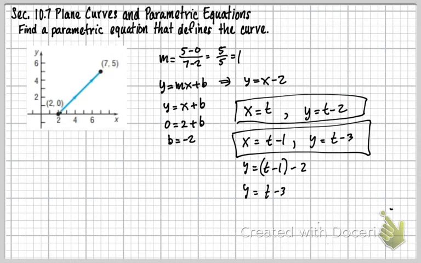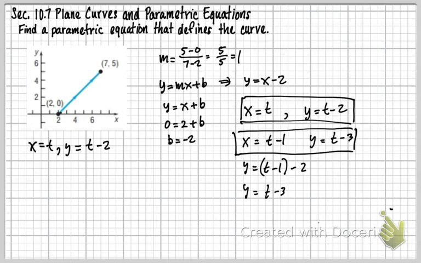So I'm going to put my parameter on these. Let's see what that means. I look at my x. My x is starting at 2, which is here. So when t is 2, that's where I'm starting at 2, and when I plug it in for my y, I'm going to get 0.